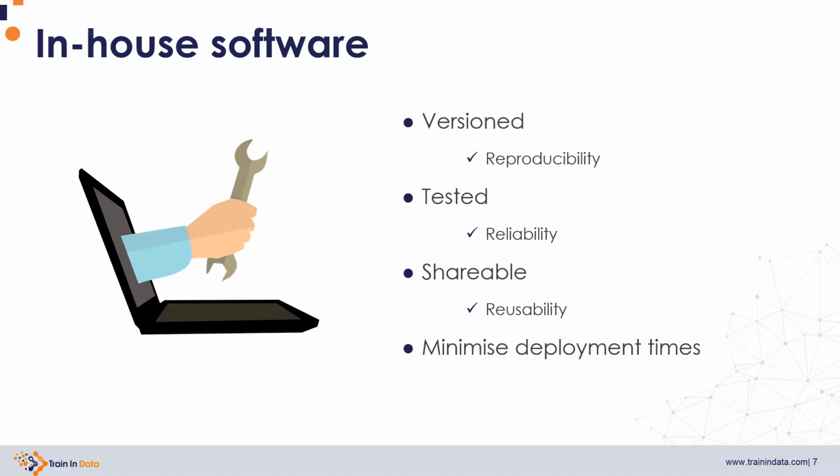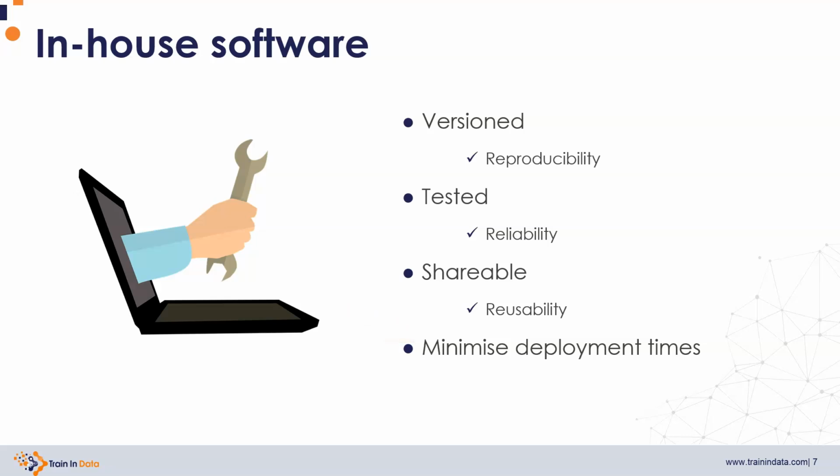When we build in-house software, we will usually add testing, so we know that the output is the expected one. Various users can install the software that we build in-house, and it can also be installed across systems, therefore it is reusable. And because of all of these reasons, building in-house software and sharing it across people and teams minimizes deployment times, as well as the model development time.